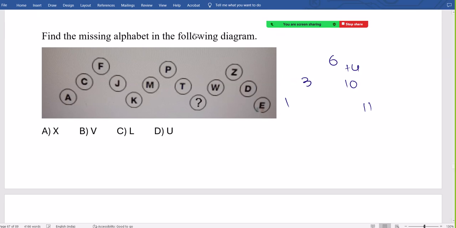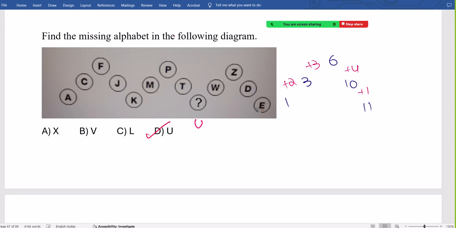I think 2, 3, 4, 1 or 1, 2, 3, 4 is what happening. See, this is 2, this is 3, here 4, here 1. Now again 2, 3, 4, 1. It should be U. Then again U plus 2, W, again 4, okay, plus 3, plus 4, plus 1 likewise.